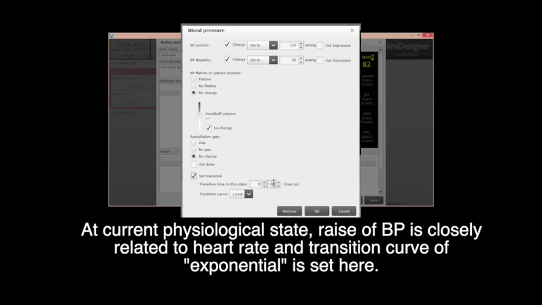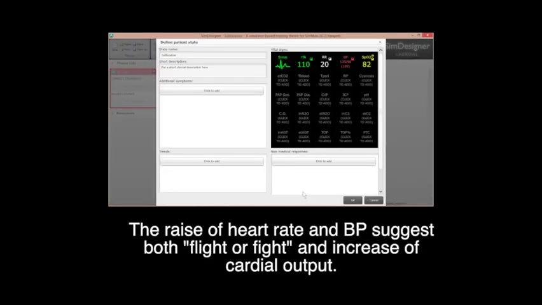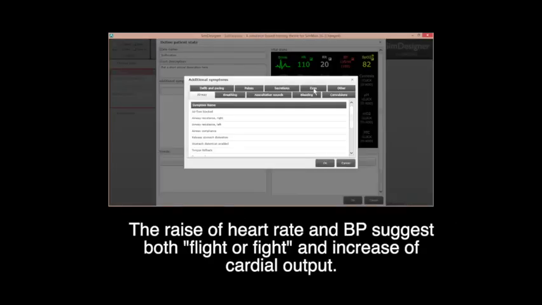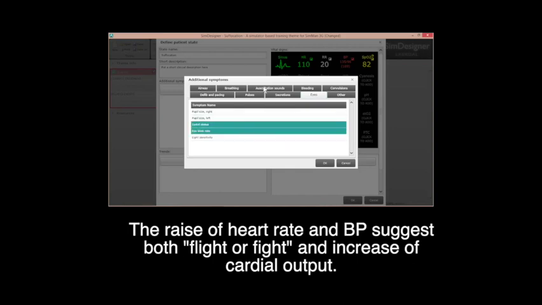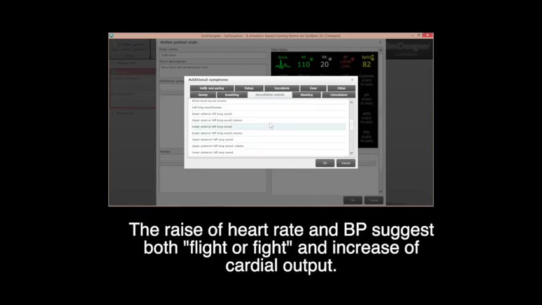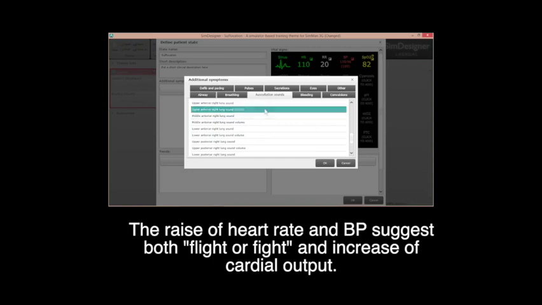At the current physiological state, the rise of blood pressure is closely related to heart rate, and a transition curve of exponential is set here. The rise of heart rate and blood pressure suggests both fight and flight and increase of cardiac output.